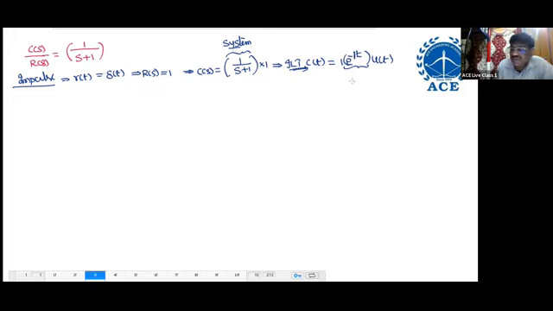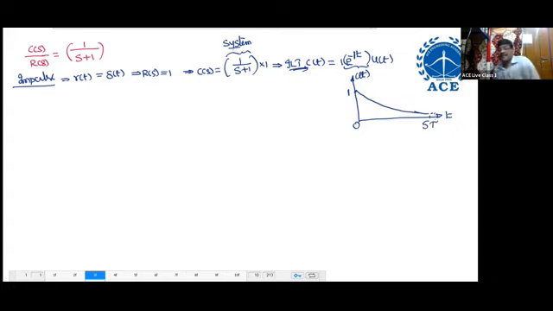If I draw the response, this is t, this is c of t. At t equal to 0 it is 1, at t infinity e power minus infinity is 0. That means it exponentially decays. It reaches steady state at 5 tau.